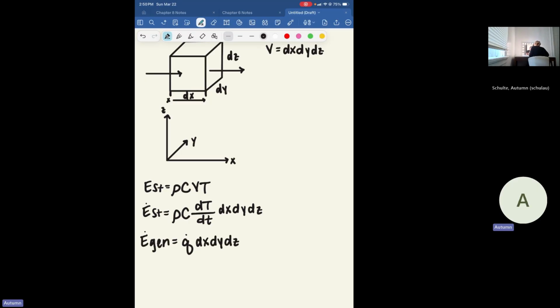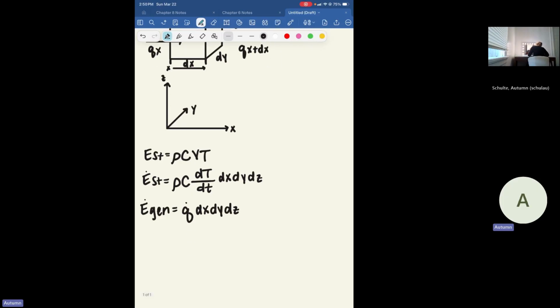And we're also going to have heat flowing through this in the x, y, and z direction. So right here, we're going to have heat flow at our x point. And then later on, we're going to have another heat flow at this x plus dx because we have to take into account this thickness and that we're at a different point.